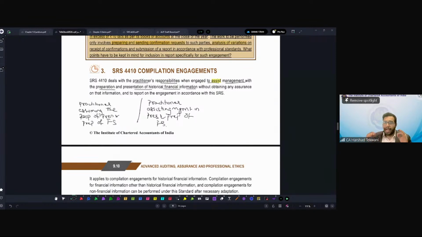Both are different. In this case, management is no longer responsible.